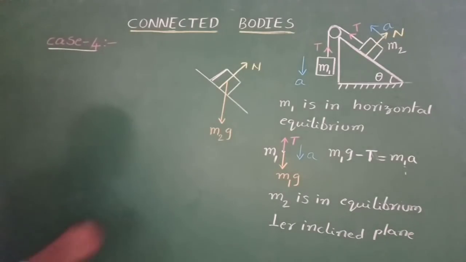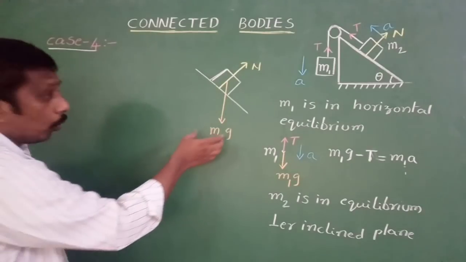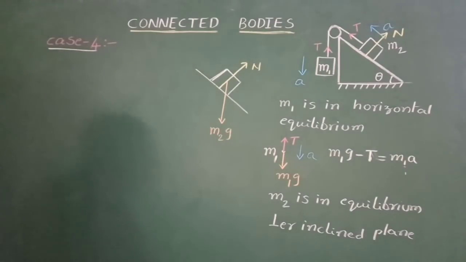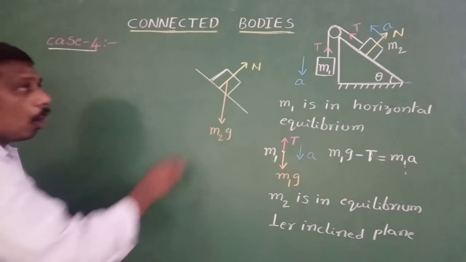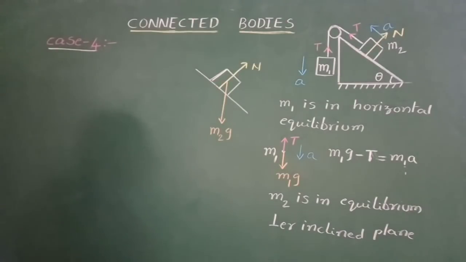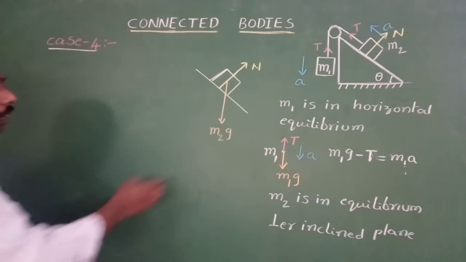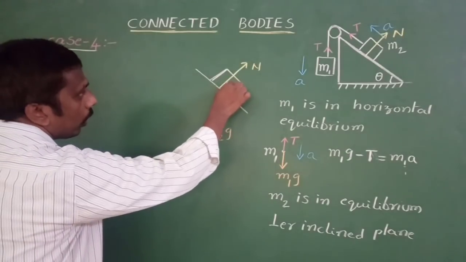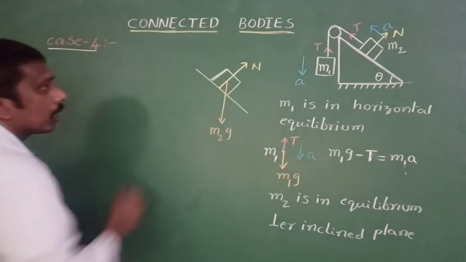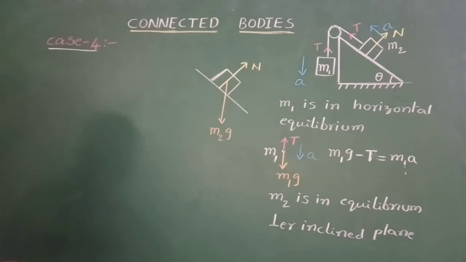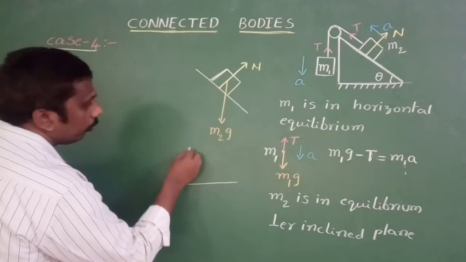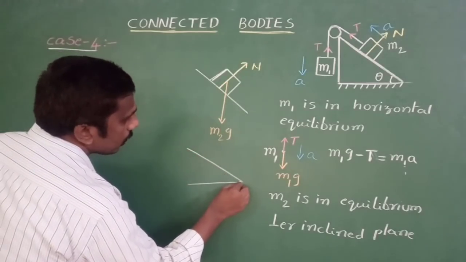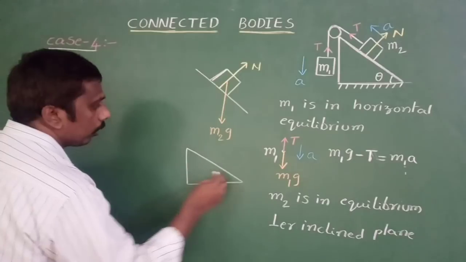Then which component balances the normal reaction? We should resolve this weight into two perpendicular components. If an object is placed on an inclined plane, we resolve the weight into two perpendicular components. One component comes parallel to the inclined plane, and another one balances the normal reaction. If you observe this diagram, the inclined plane is like this, making an angle theta.